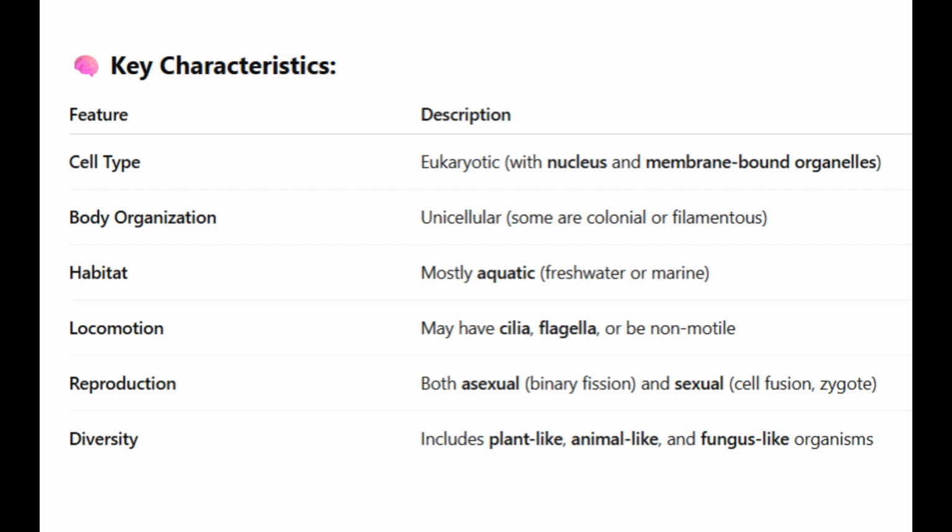Diversity. Perhaps the most striking feature is their diversity. Protists include plant-like forms such as algae, animal-like ones like protozoa, and even fungus-like slime molds. In summary, Kingdom Protista bridges the gap between the plant, animal, and fungal worlds, truly a kingdom of diversity.